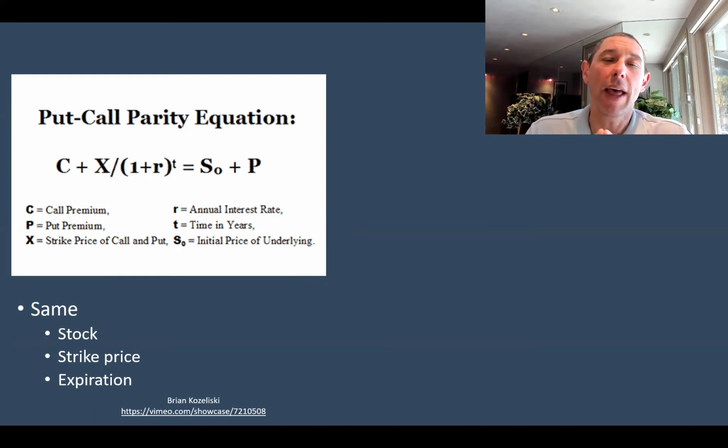Okay, so that is basic put-call parity. You might often see, this is basic discounting here of that exercise price. You might see it with e to represent continuously compounded discounting.